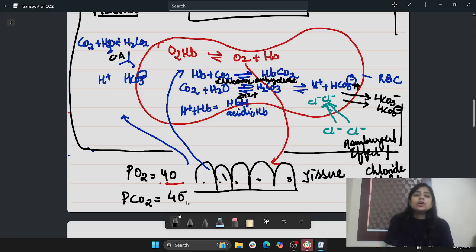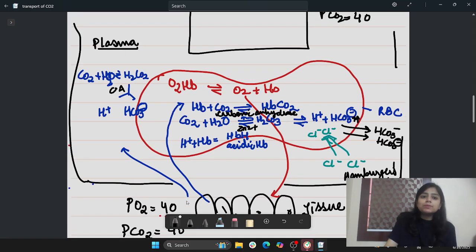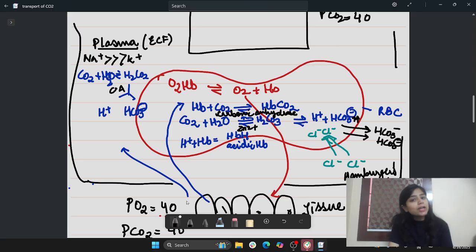One more thing can come here, that as I said, this plasma is also called your extracellular fluid. The ECF has a large concentration of Na+ ions, which is very high compared to the K+ ions, that is the potassium ions.